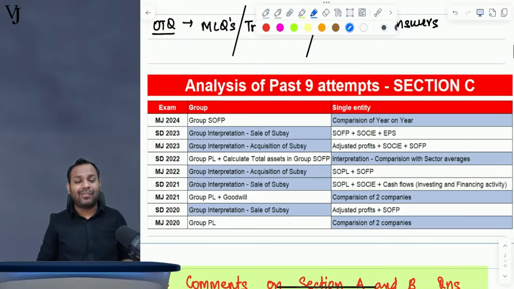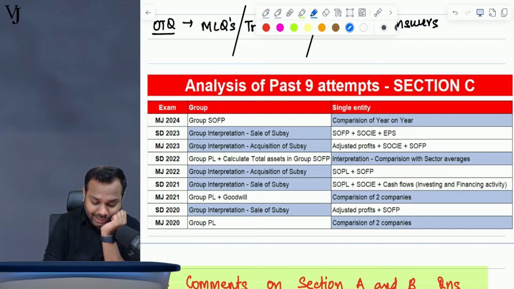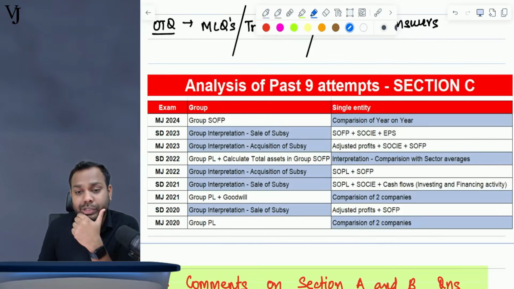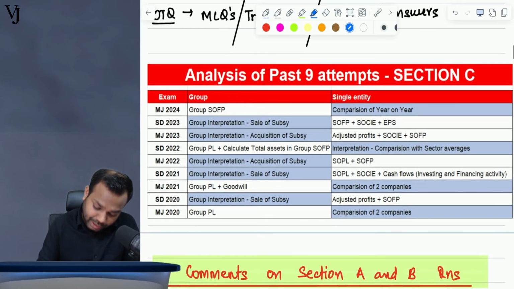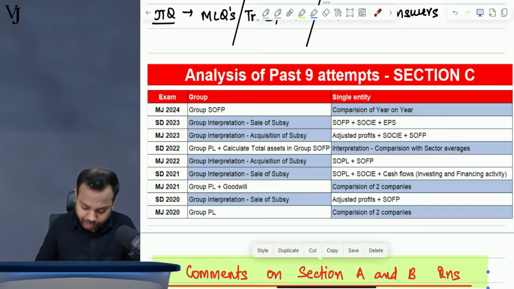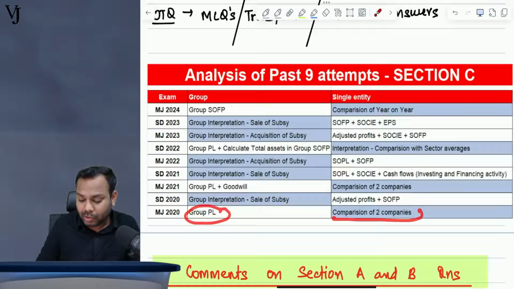Now, I was telling you about the analysis of the past 9 attempts of section C. Just see, in March, June 2020, they asked group P&L plus comparison of two companies.